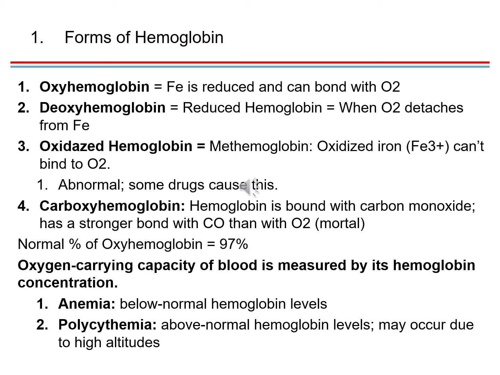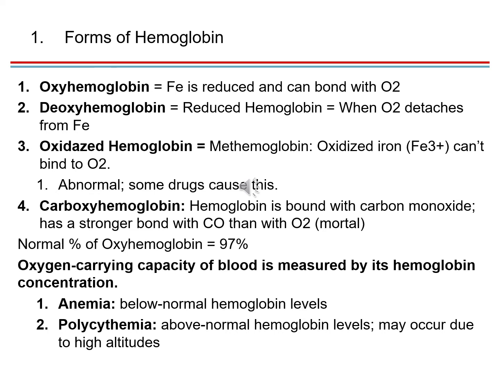But anemia is not only related to the concentration of hemoglobin, it's also related to the amount of red blood cells per cubic millimeter of blood, and it's also related to other abnormalities.